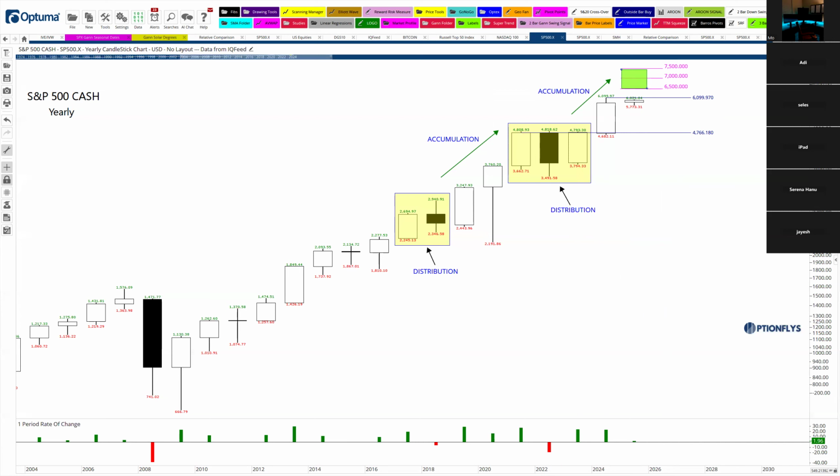But the point is, we're sideways for 3 damn years. A distribution phase. This is the accumulation right there.